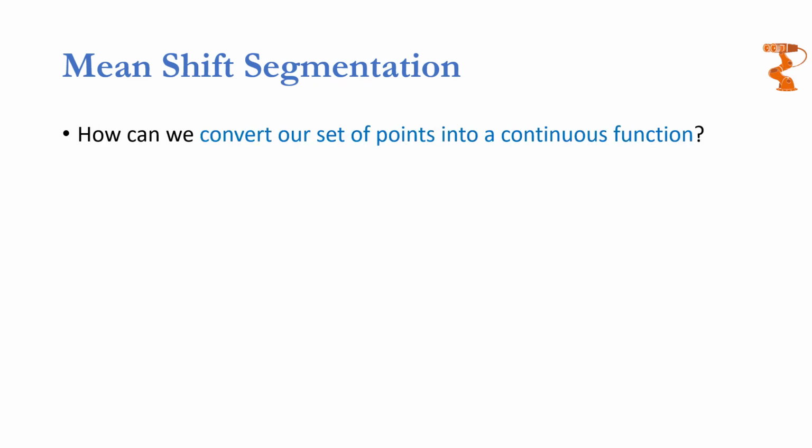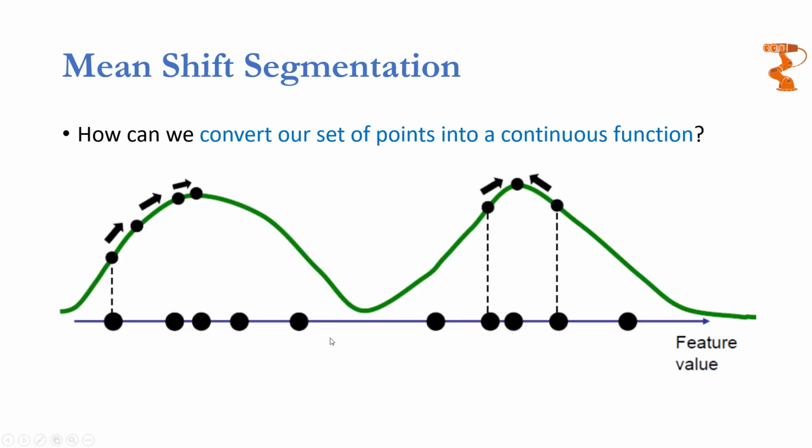How can we convert our discrete set of points into a continuous function that will give us a higher value of feature in one region and a lower value of feature in another region? So we need something like this. We know that in this region we have a high density of feature values, more objects were lying in this region, and we have this region in which another set of objects were lying.